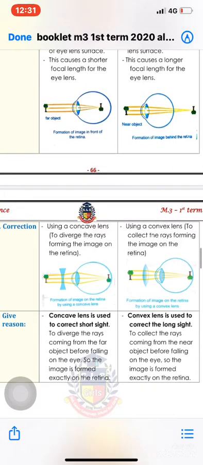So the focus, or collection of the rays, is behind the retina. So I need to wear a convex lens before my real eye lens. This convex lens will increase the convexity of my eye lens, so it will collect the rays, so the image will be formed exactly on the retina, not after the retina.